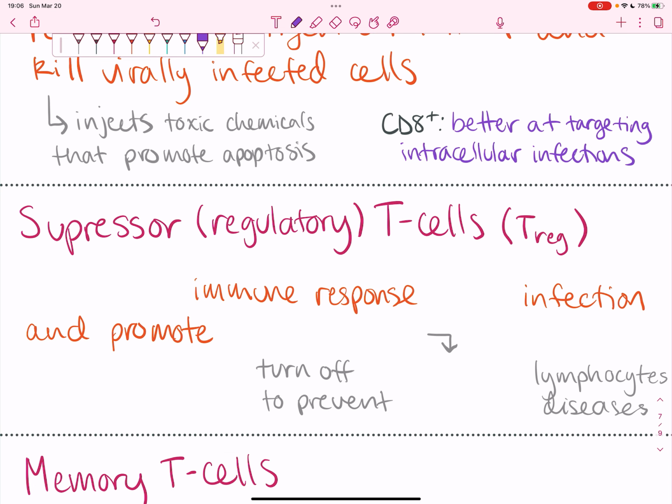So, moving on. Suppressor or regulatory T-cells tone down the immune response after an infection, and promote self-tolerance.